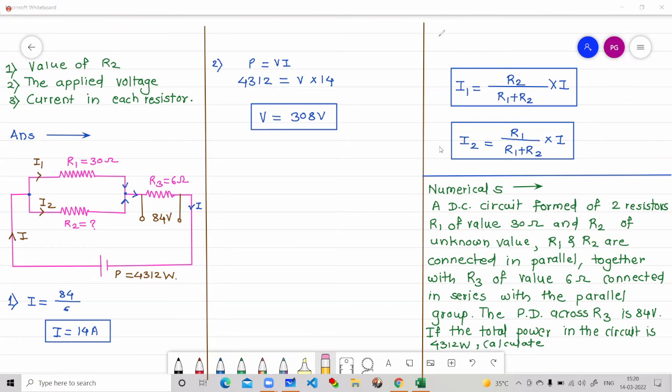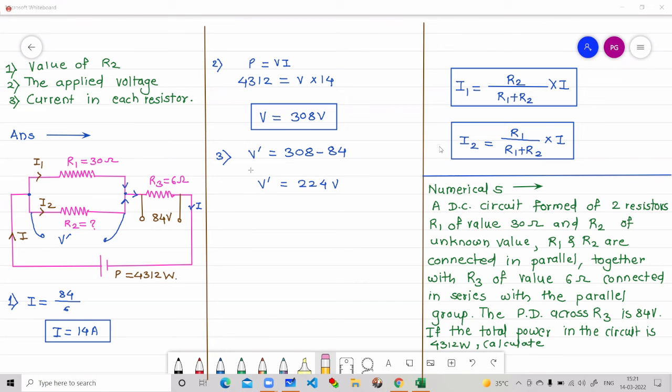So I'll mention this potential as V dash. Very well I can calculate V dash also. V dash is equal to 308 total minus 84, which will come out to be 224 volt.